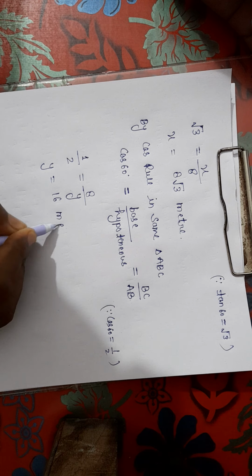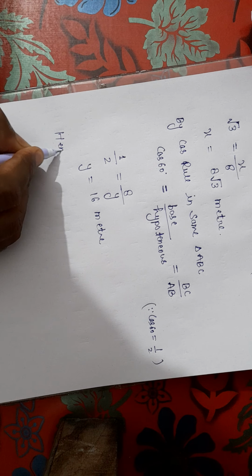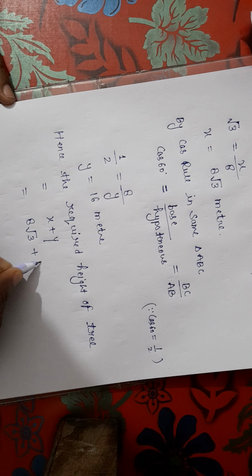So in conclusion, hence the required height of the tree equals how much? x plus y equals 8 root 3 plus 16.